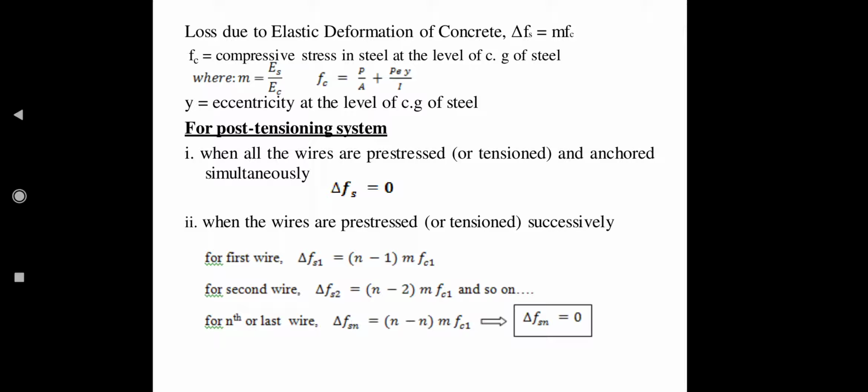That is, if there are four cables, then the cables are tensioned one by one. In such cases, the maximum loss will occur when the first cable is tightened, and the minimum loss will occur when the last cable is tightened and anchored by using the wedges.